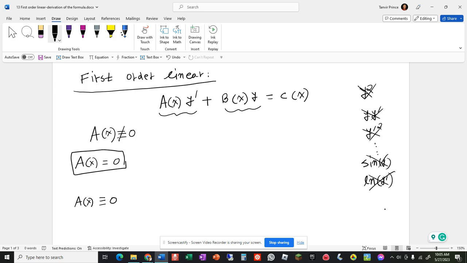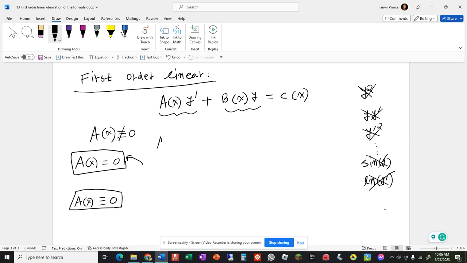For example, there may be some particular value of x, like x equal to 1 or x equal to 2, where a of x could be 0. The second means identically equal to 0, that a of x is the zero function.